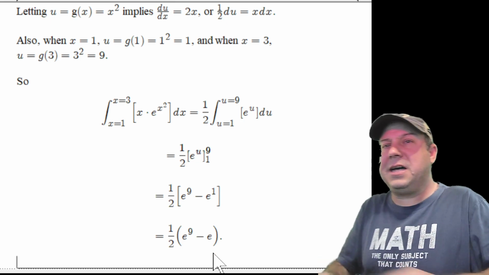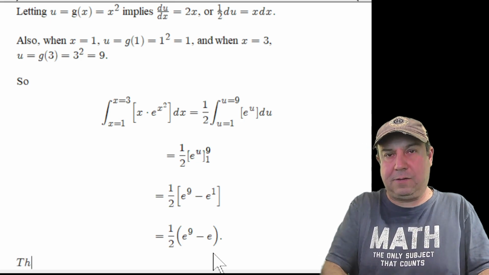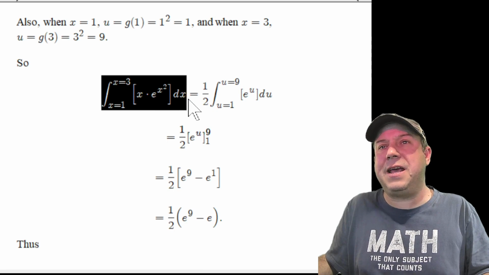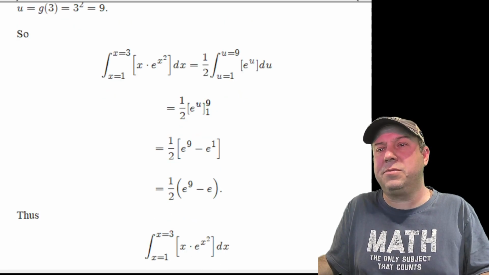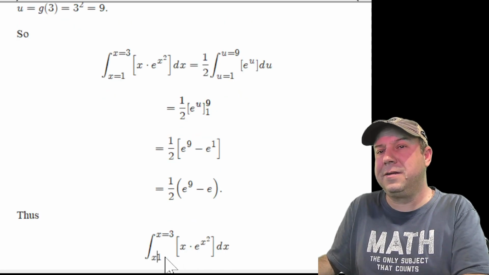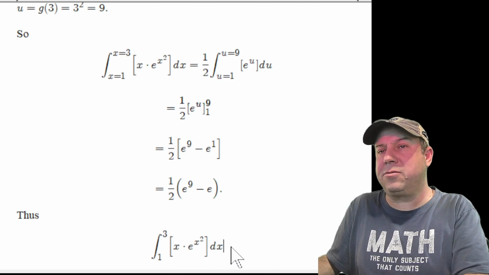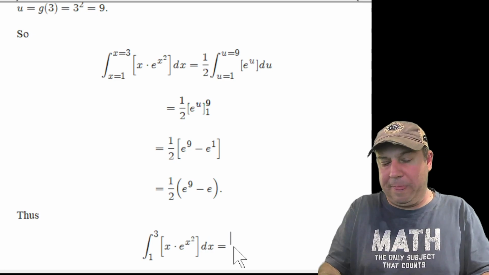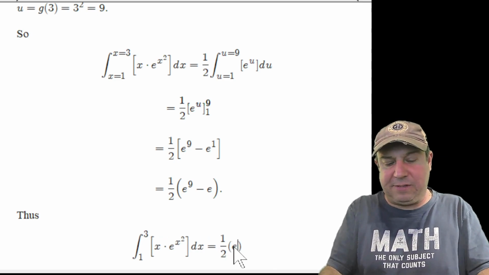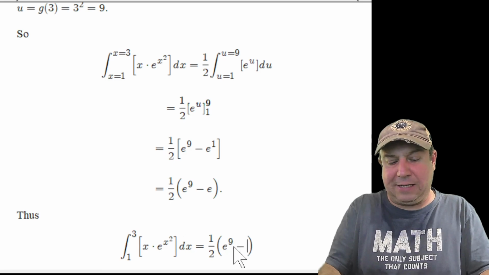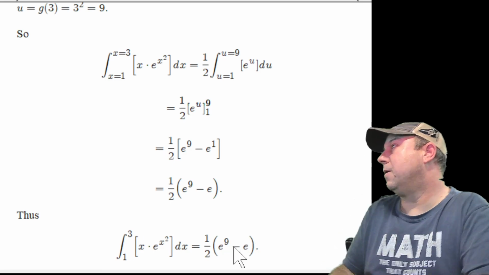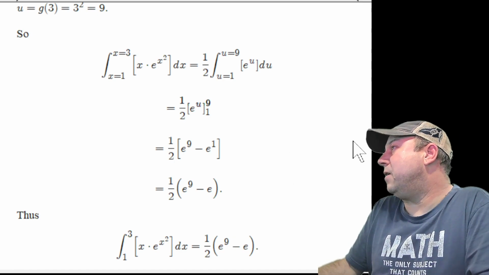And thus, we might point out that this antiderivative seen here in terms of x across these boundaries from 1 to 3 is then going to be equal to this quantity, 1/2 times e to the 9th minus e. Right? And that will be our end result here.